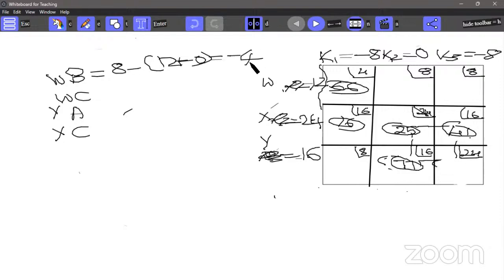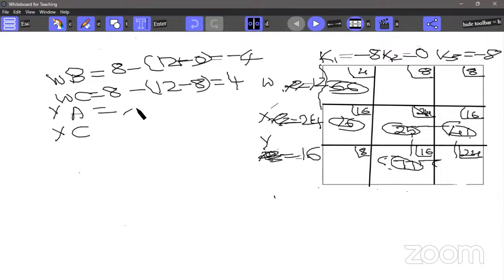WC, tell me for WC. 8 minus 12 minus 8, isn't it? 8 minus 4. How much did you get? 4 plus 4. Yeah, here no improvement is possible.